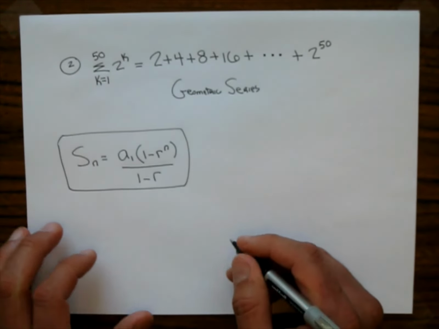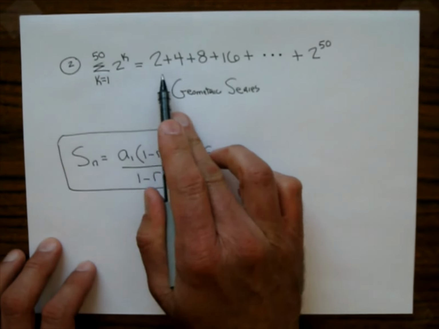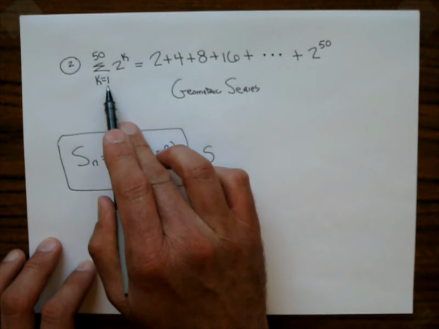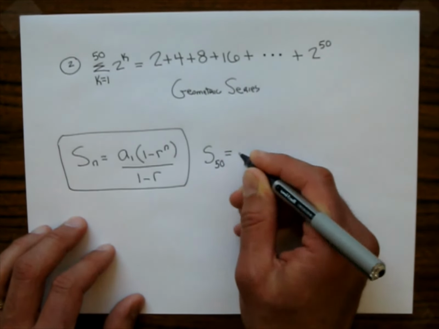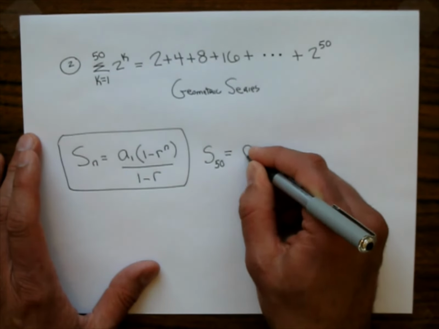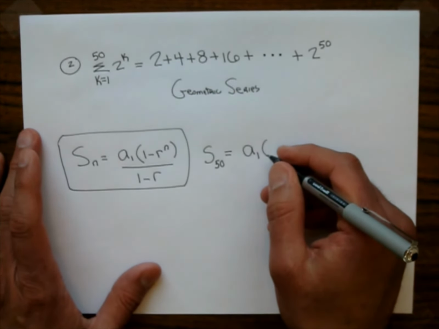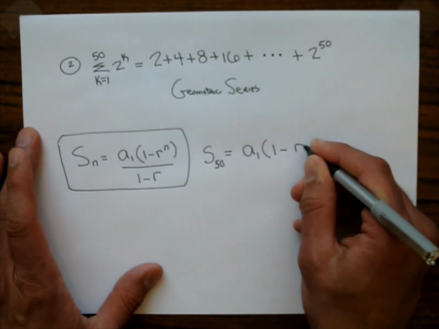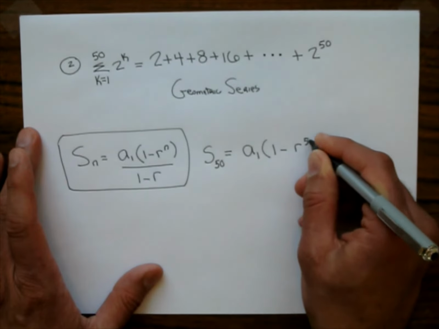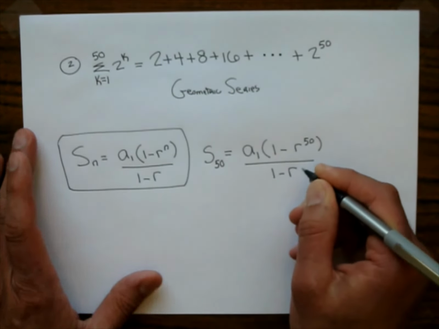In this case, how many terms do we have? We have 1 to 50, so 50 terms. This is going to be a1 times 1 minus r to the 50th, all over 1 minus r.